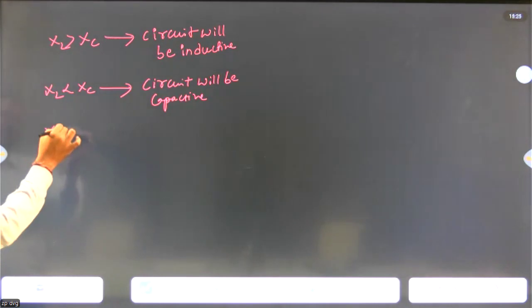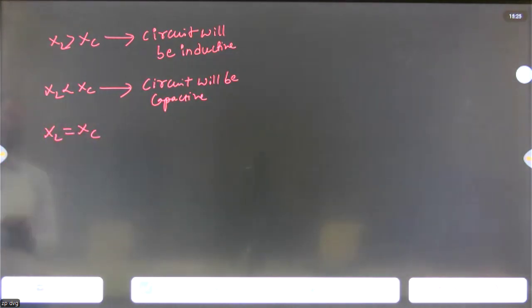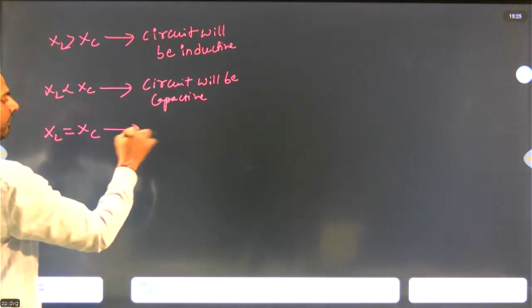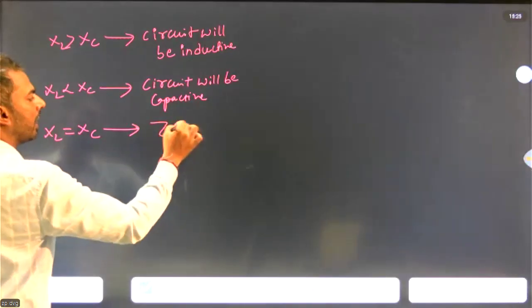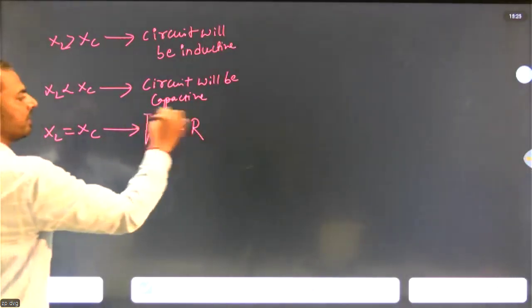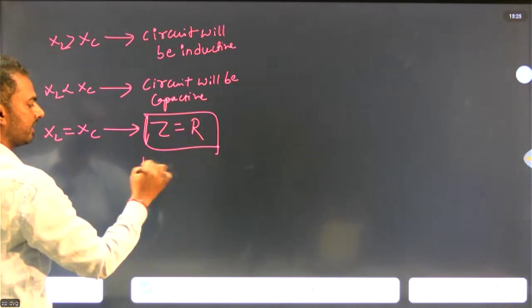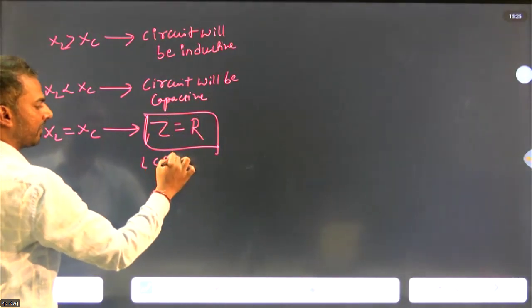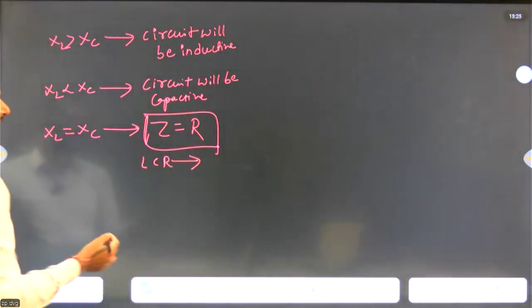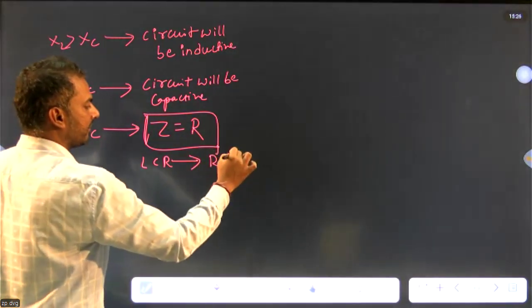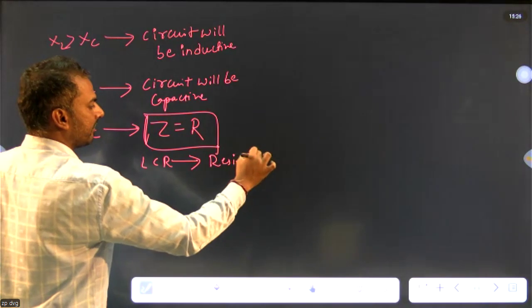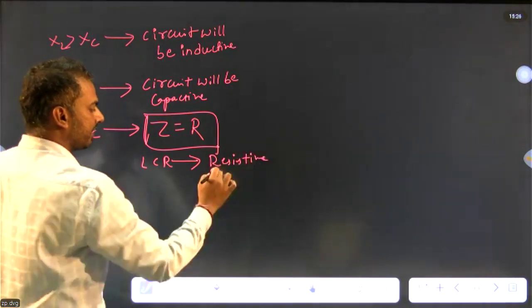If XL is equal to XC, then Z is equal to R, impedance is equal to resistance, and the series LCR circuit becomes a pure resistive circuit.